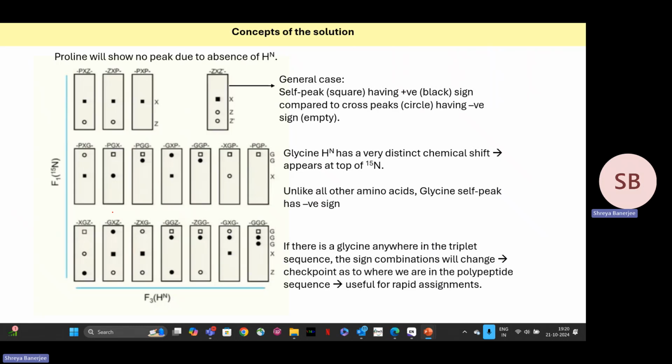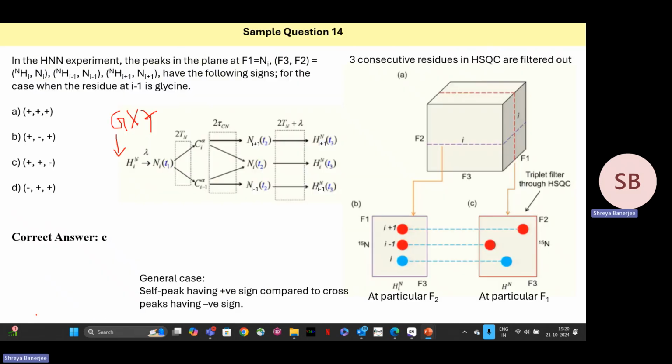Glycine I-1 refers to this. And we know that this dark color means that it is positive. So glycine I-1 means the pattern is plus, plus, minus. That is your plus, plus, minus. That is your option C.